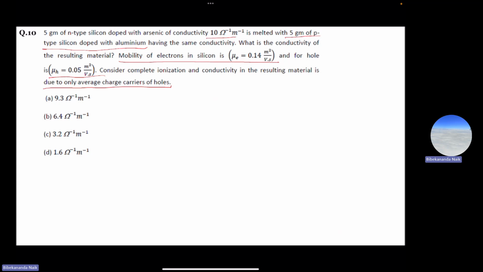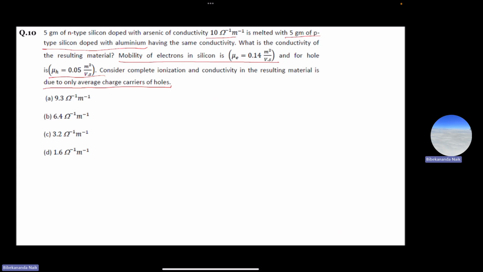Now, if we want to find out what will be the charge carrier in the resulting material, we need to find out the nature of the resulting material that will be formed by melting these two, n-type silicon and p-type silicon, since both are being melted and mixed together to produce a new material.